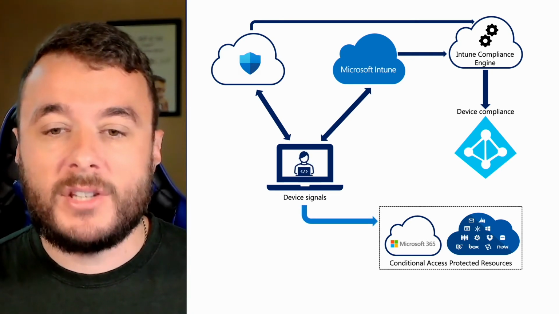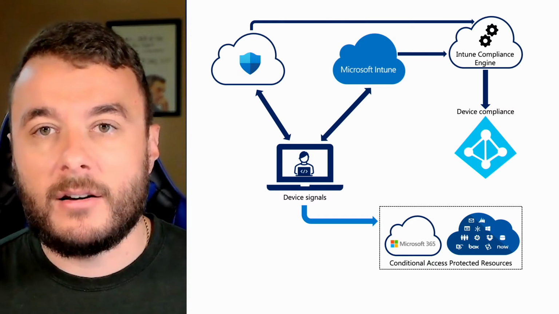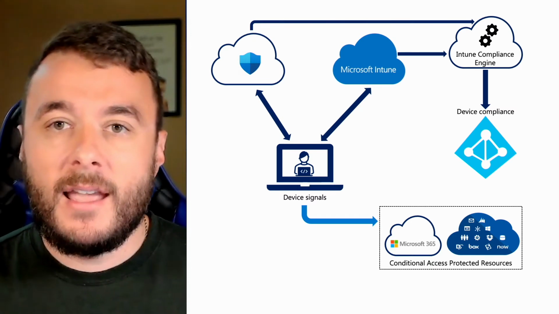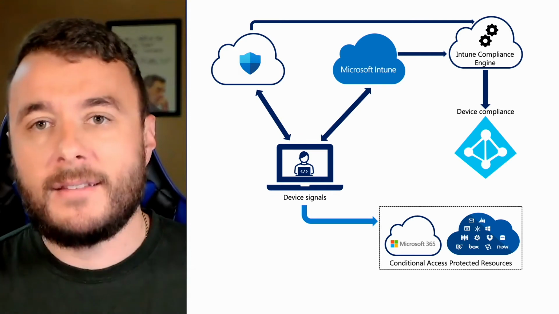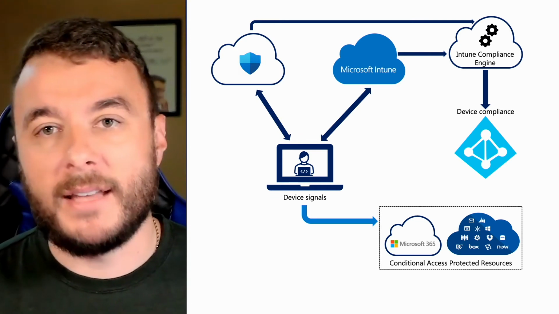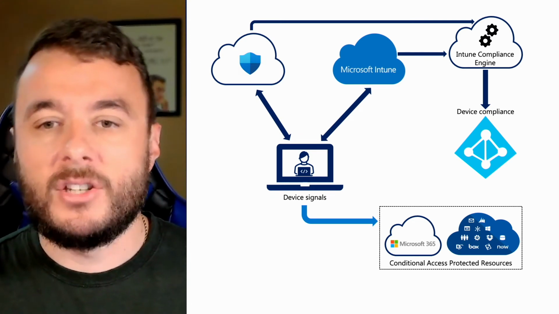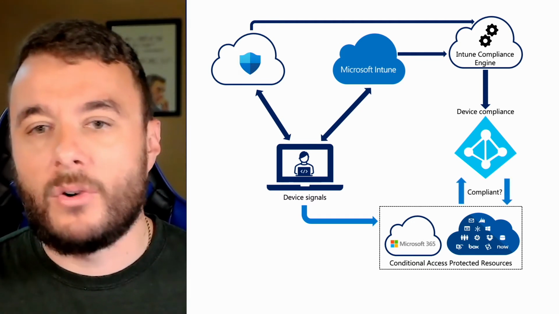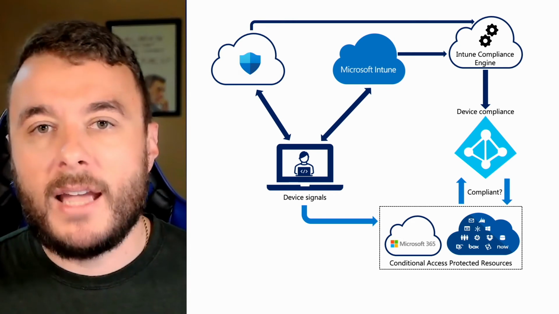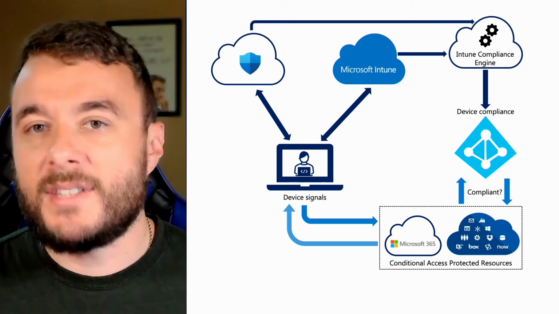So if I'm an end user on a device and I go to access a conditional access protected resource, during that transaction, the resource itself or the authentication layer for that transaction says, access to this resource matches a conditional access policy, and I require the device is compliant. Conditional access, internal to Azure Active Directory, looks quickly and says, is this device compliant or not? And if that device is compliant, then the transaction is allowed to proceed.